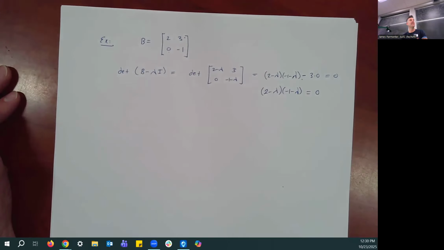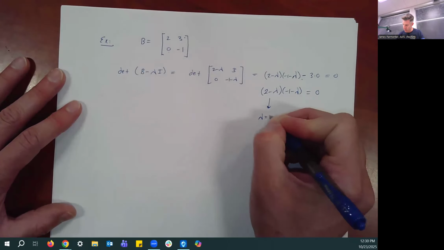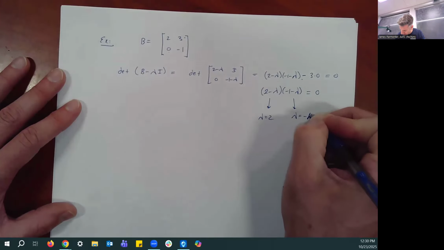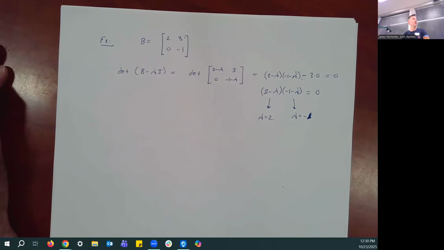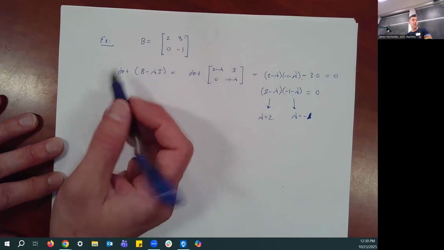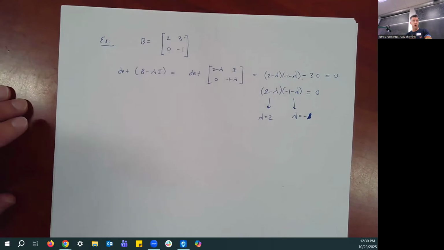So it's really easy to see that the eigenvalues are going to be lambda equal to 2 and lambda equal to -1. So if your matrix is upper triangular like this, or lower triangular, the diagonal entries are always going to be your eigenvalues.